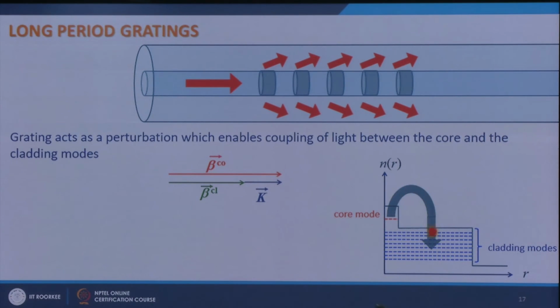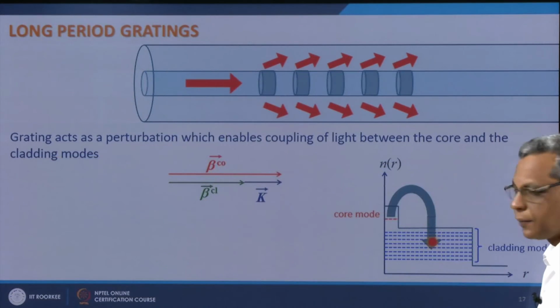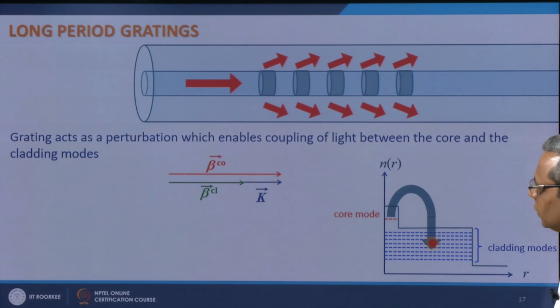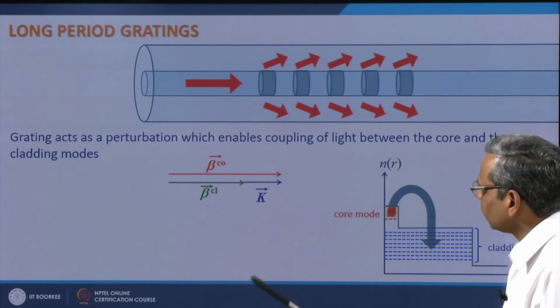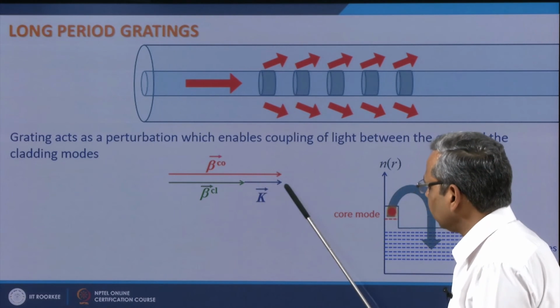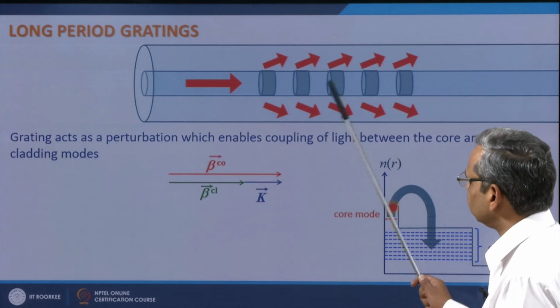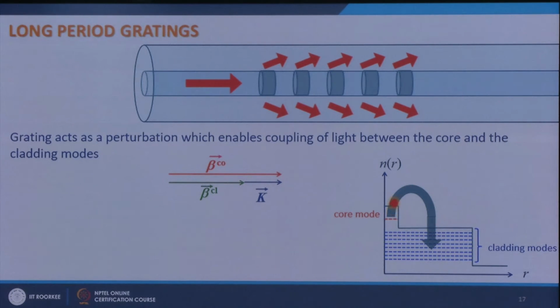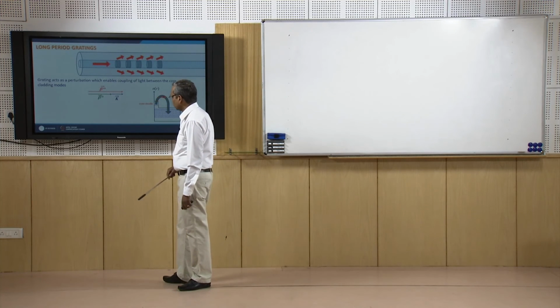If I look at the propagation constant of the core mode, it is this, and the propagation constant of the cladding mode is this. So, in order to complete the phase matching, I need to have this k vector, and this k vector is provided by this grating. If the grating pitch is capital lambda, then this k is 2 pi over capital lambda.